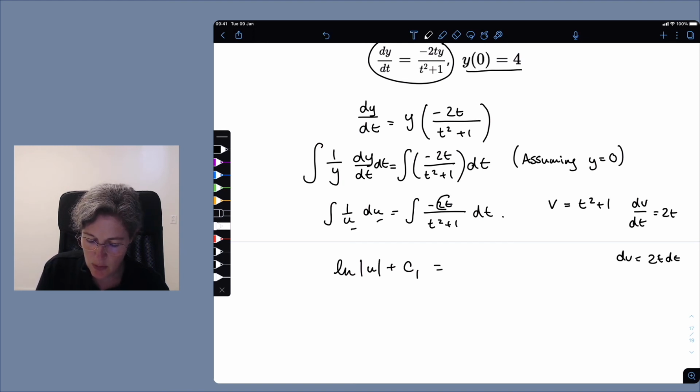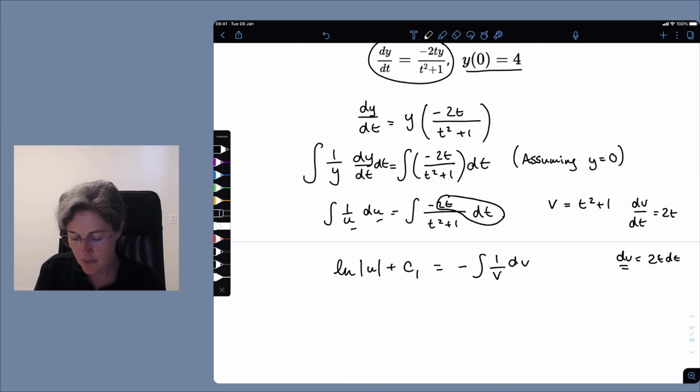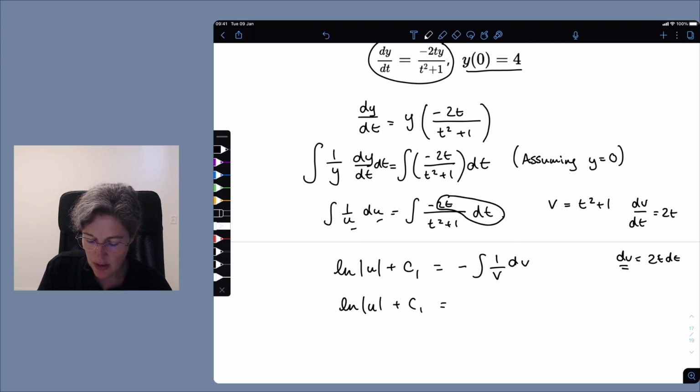So we can replace this bit with just dv. So we've got the integral of, don't forget the minus sign, 1 over v dv. Okay, that's pretty nice. That's going to give us minus the natural log of the absolute value of v plus some constant c2.